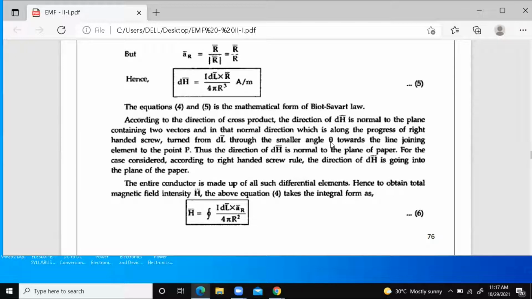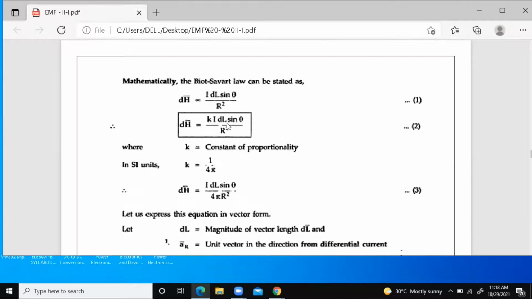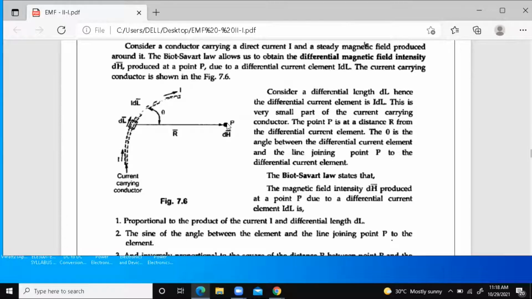According to the direction of the cross product, the direction of dH is normal to the plane, towards the line joining the element to point P. So this is your angle. So you have to turn right going towards R.